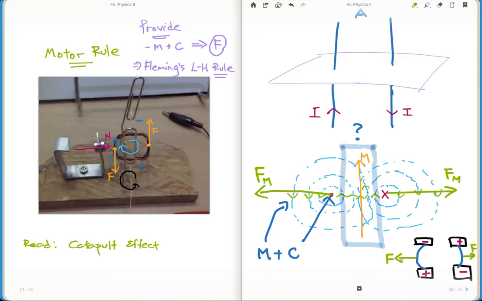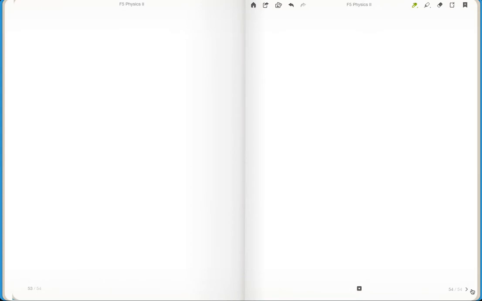And the same is true when there are two wires coming together. What would happen? The same rules apply. You may want to practice it.